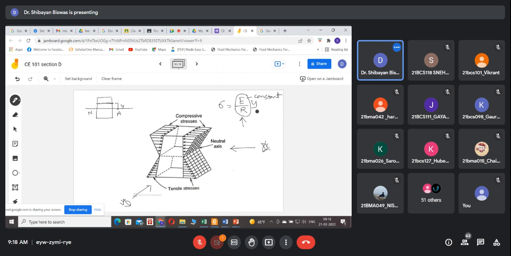When it coincides with the neutral axis. Yes, good. Because Y is the distance from the neutral axis, when the distance coincides with the neutral axis, Y is 0, and when Y is 0, we just saw that sigma is 0. That means the stress at the neutral axis is basically 0. That's what happens.